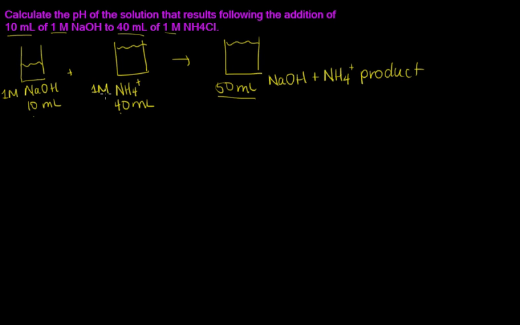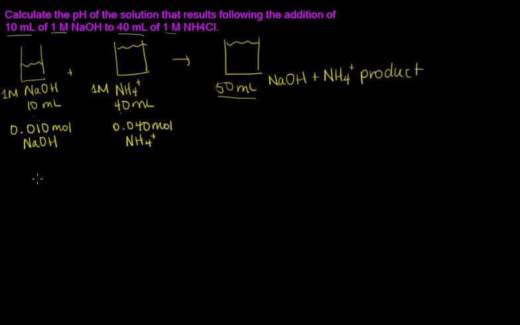So 10 mL of 1 molar means that we can calculate the number of moles as 0.010 moles of NaOH added to 0.040 moles of ammonium chloride, and then we have a 50 mL solution resulting.